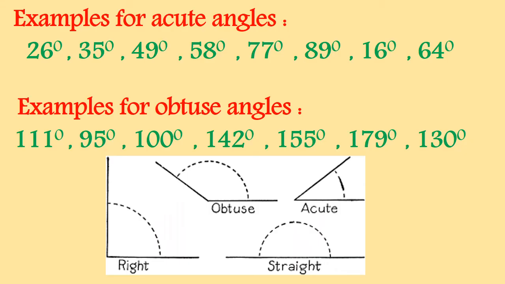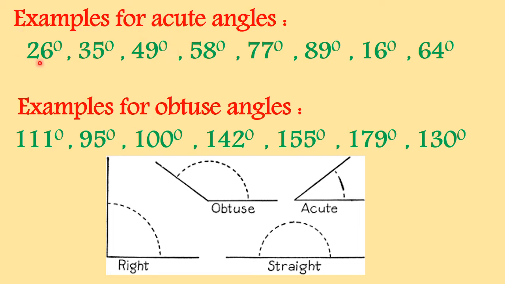Here I have given some examples for acute angles and obtuse angles. First I am taking these acute angles. As I told you earlier, acute angles mean greater than 0 degrees and less than 90 degrees.